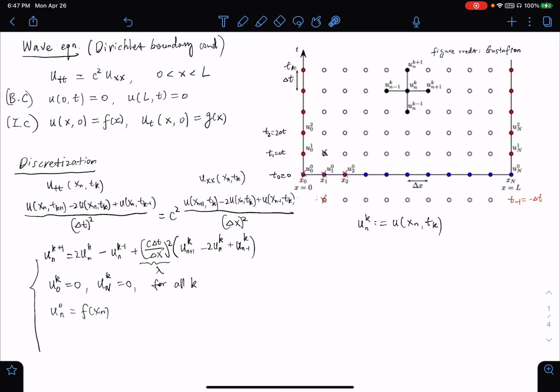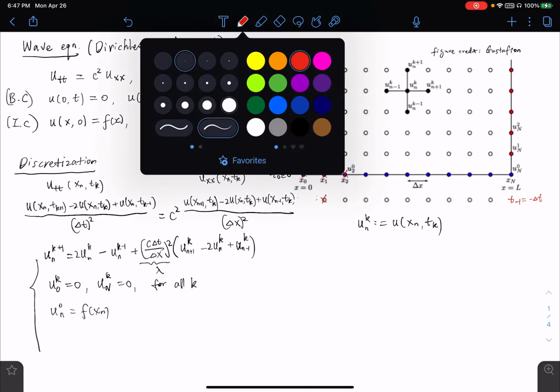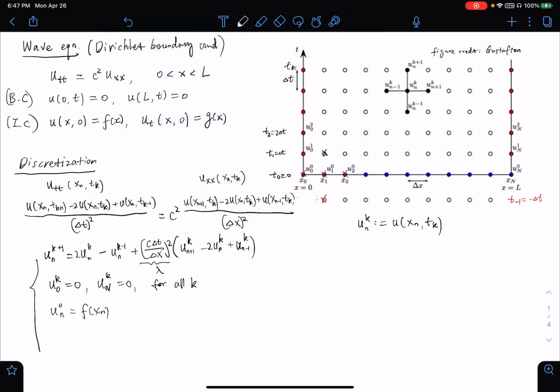So we also have u_t at time equals 0 is equal to g of x. So let us try to apply the central difference formula for this initial condition.